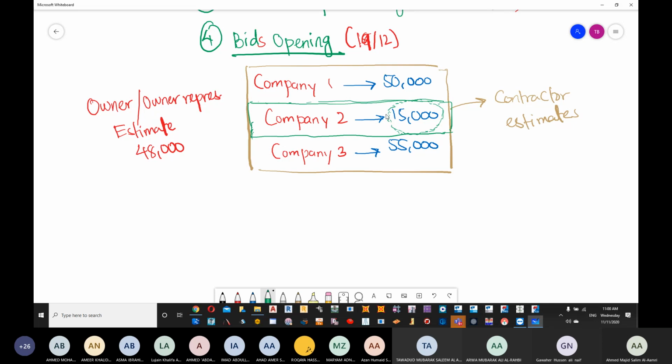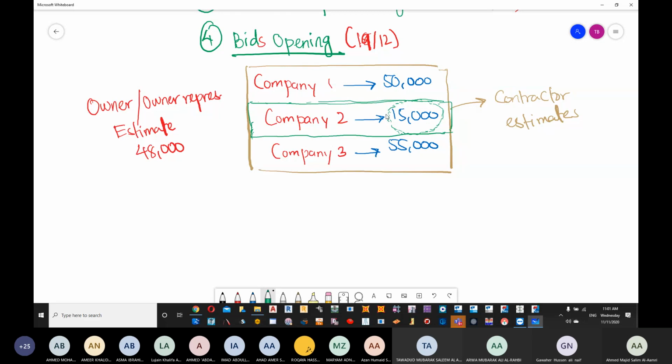Now, if he stops, what will you do as a client? Option number one, you can pay him an extra amount of money so he will continue and finish your project. Option number two is to take him out of the project and find somebody else to do the project once again for a higher price.